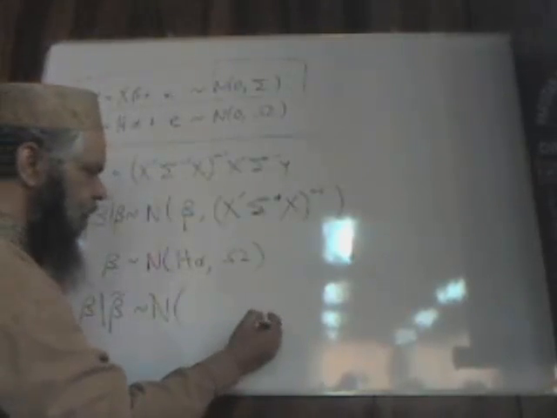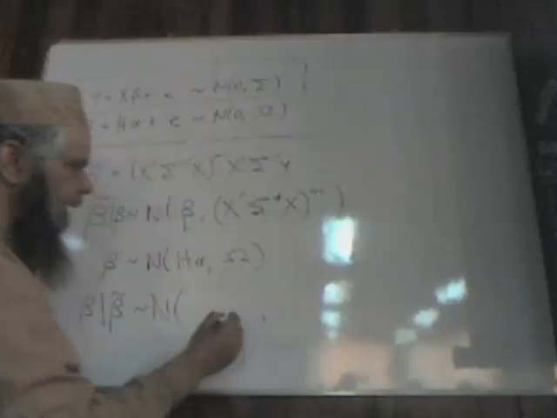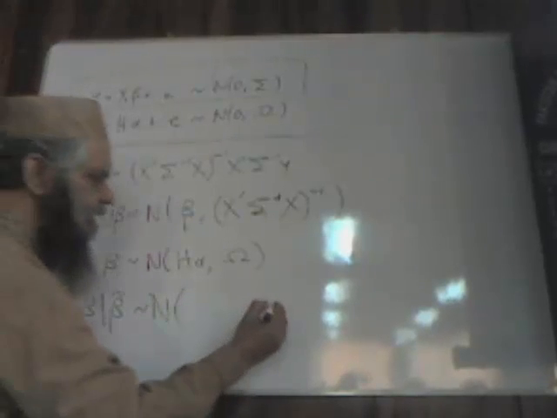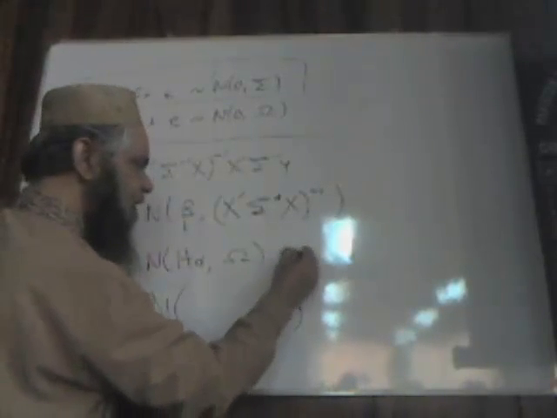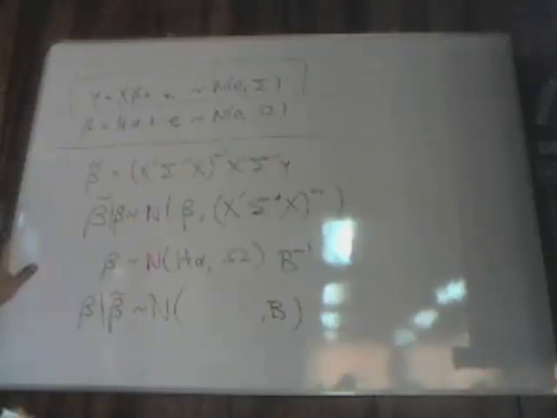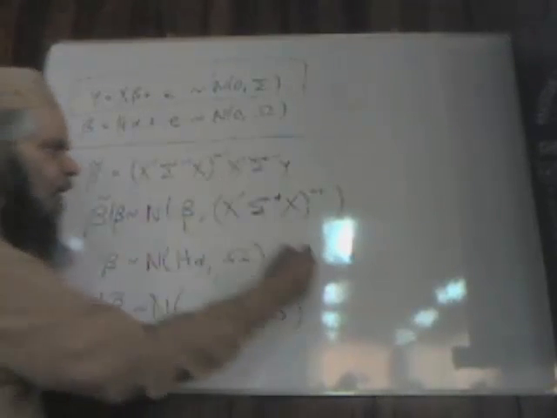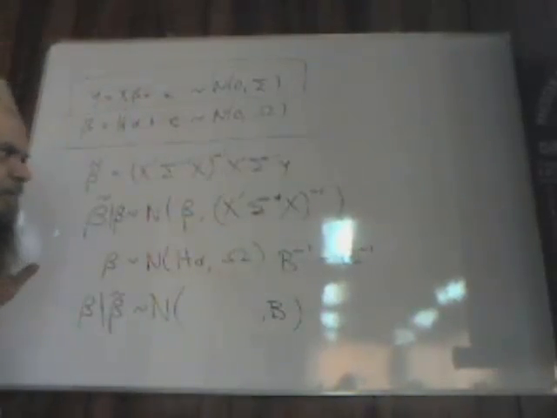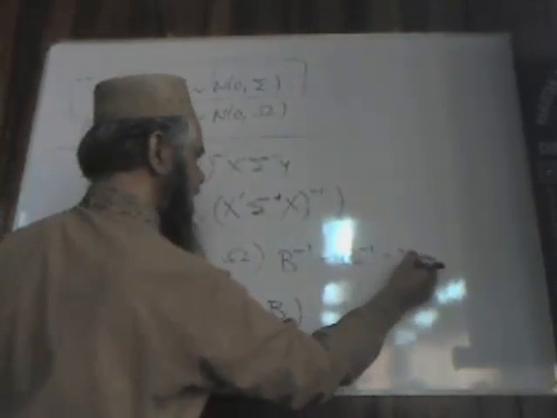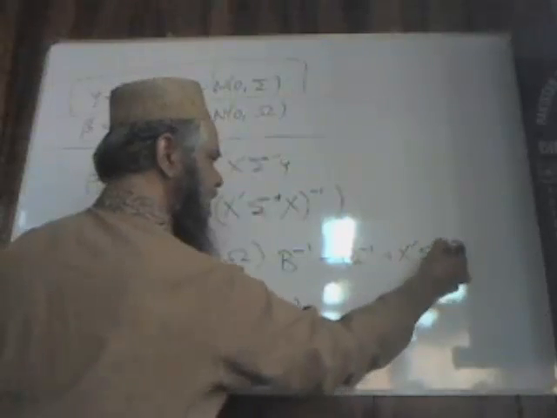This is some covariance matrix B, where B inverse is the precision, and this precision is the sum of the two precisions. One is omega inverse, that's the prior precision, and the other term is x transpose sigma inverse x, which is the data precision.